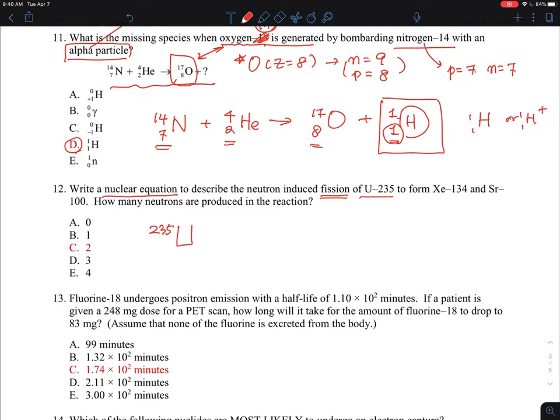Okay, so uranium, do you guys find the uranium? I think we have done that before. There we go, that's the uranium. If you look at the better version of the periodic table, it's 92.